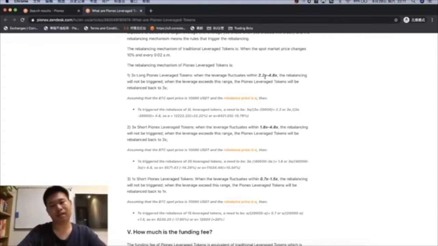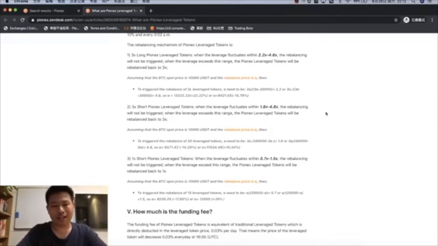And when the BTC price has gone down to some price and the leverage has become 4.8, we will reduce the position to make leverage recover to 3 times. So when we add the position and reduce position, you will lose money.